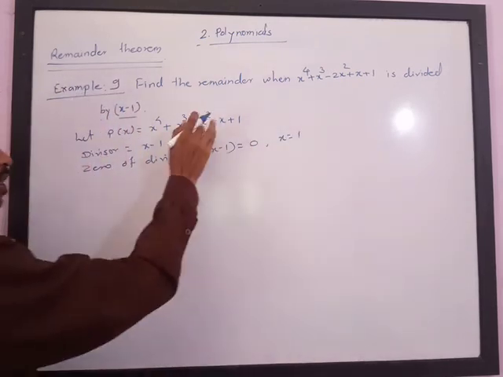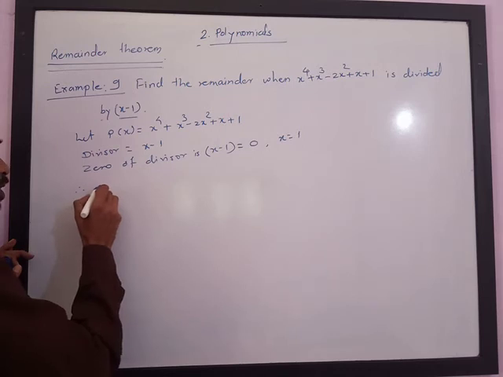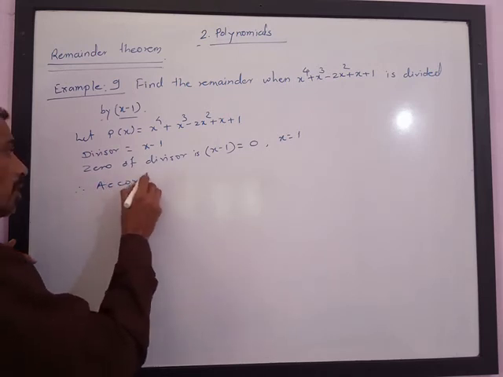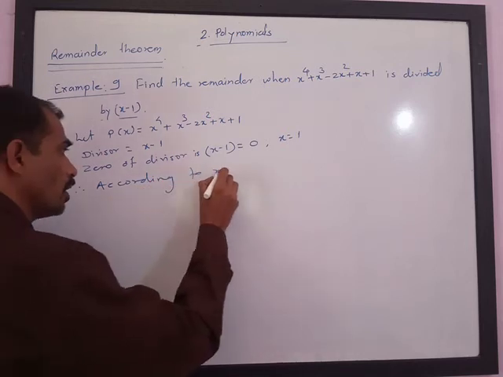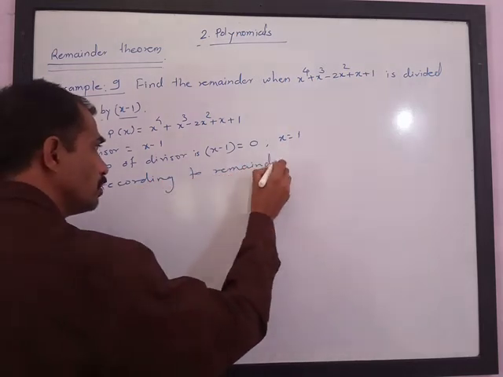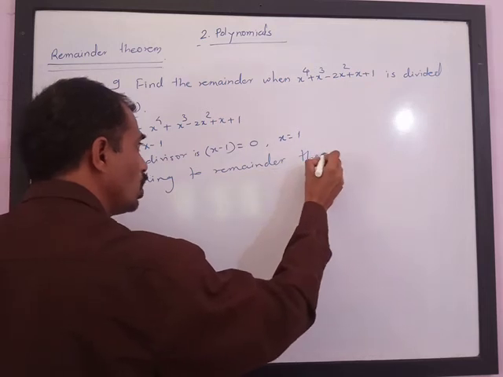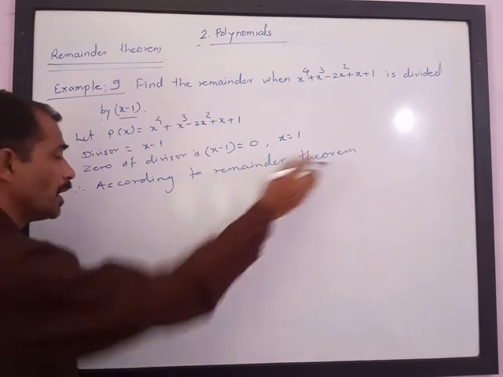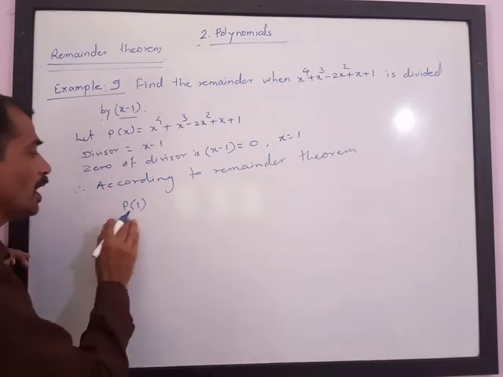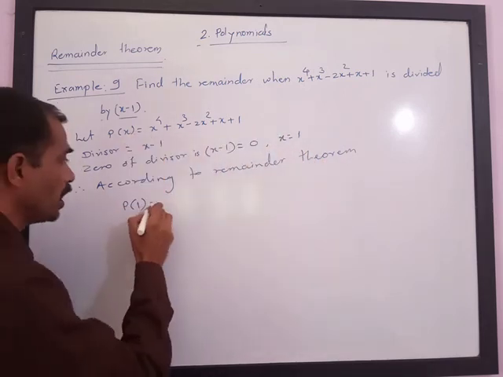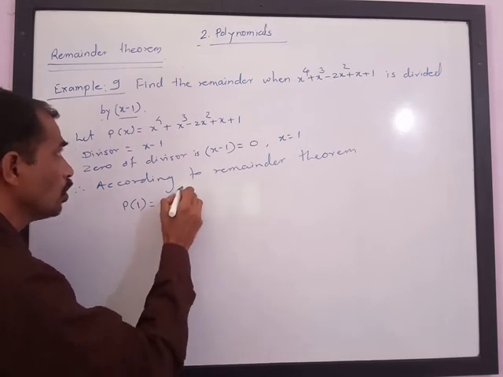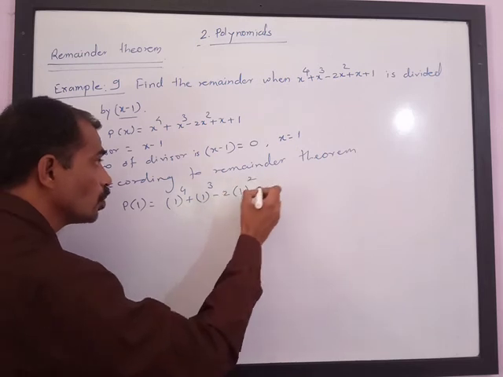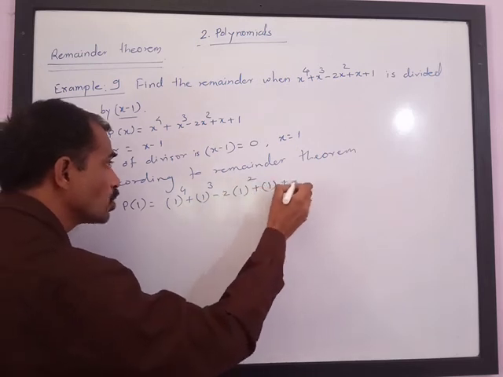Therefore, according to the remainder theorem, now we are not doing actual division. We can directly find the remainder by finding the value at 1. So we will get 1 raised to 4 plus 1 raised to 3 minus 2 into 1 square plus 1 plus 1.